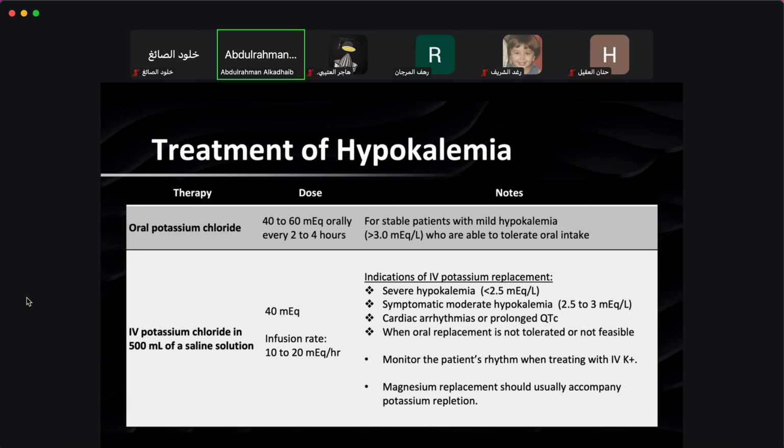And usually we also have to replace the magnesium when there is a low magnesium level, when we check the other serum electrolytes in the body, because magnesium replacement helps with correcting the low potassium level in those patients.